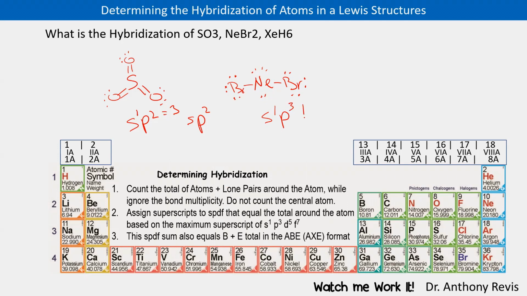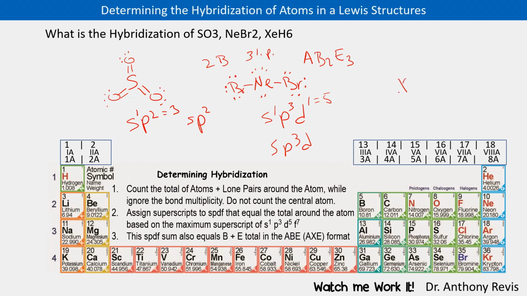That's 3, 4, 5, D 1 for SP3D. Boy, I worked through that one, didn't I? So SP3D adds up to 5 objects around it: 3 lone pairs and 2 bonded groups. The ABE format for this is AB2E3.